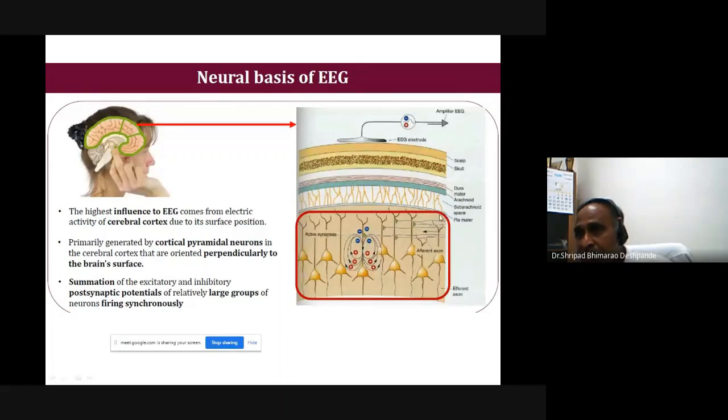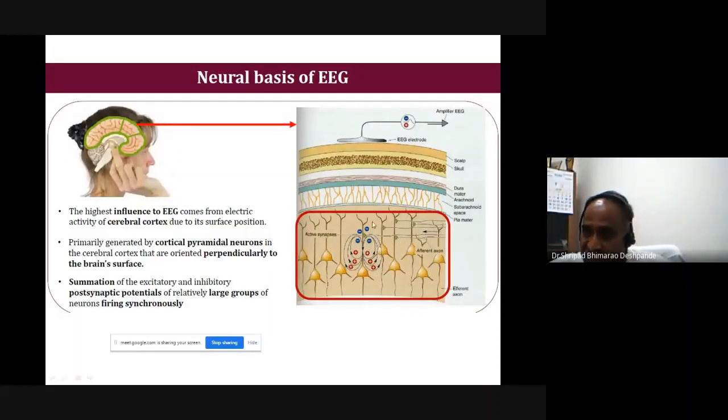This is the pia mater, and after that you have the neurons. This is the outer plexiform layer, wherein dendrites come from the deep layer 4 and layer 5. They are projecting, even layer 6 also projects upwards. So they would produce the synaptic activity.